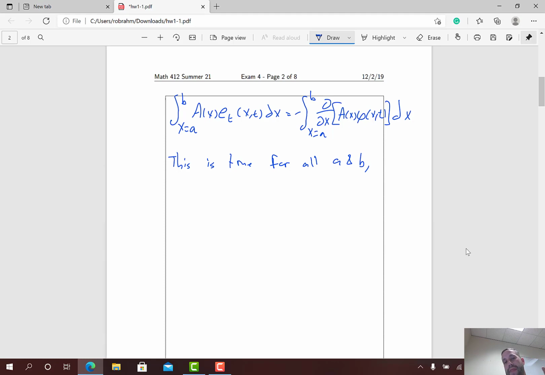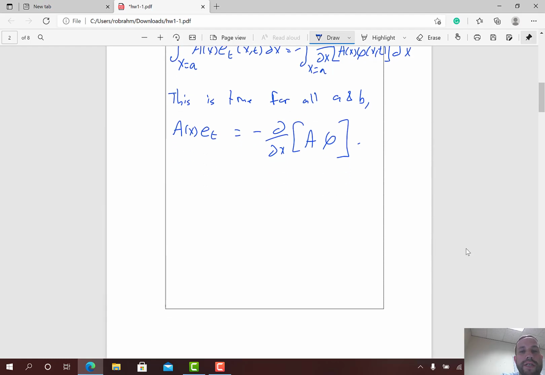By that theorem that we learned in class, if two functions have the same integral no matter what the endpoints are, it means those two functions are equal to each other. So this means A of x times E_t is equal to minus the derivative with respect to x of A times phi. Now we also learned in class that E is equal to the specific heat times the linear mass density times u. The linear mass density is constant; it's just the cross-sectional area that is changing.